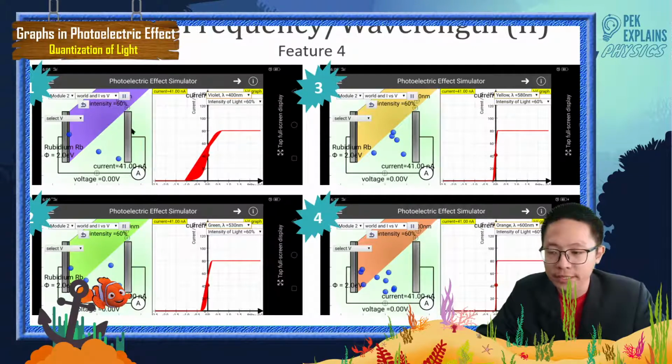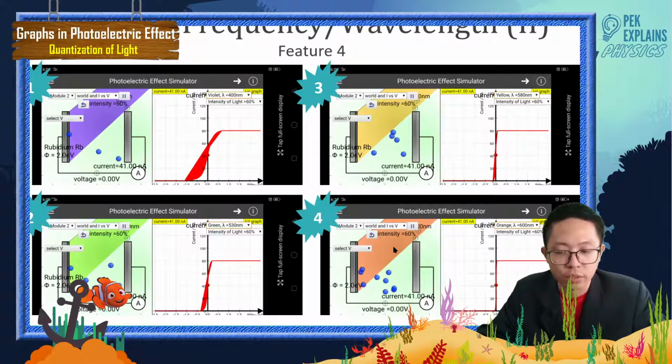So you can see the wavelength increases, isn't it? When wavelength increases, that means the frequency decreases. The shortest wavelength means very high frequency.